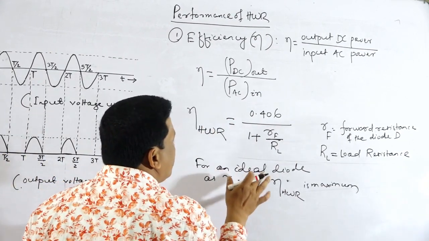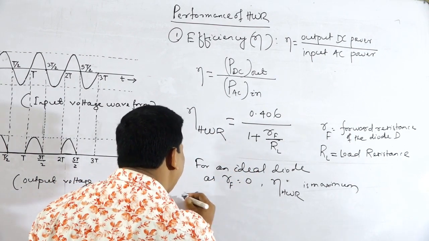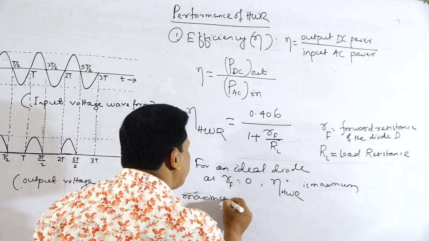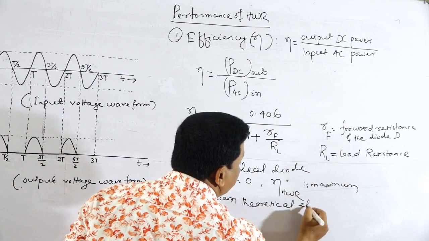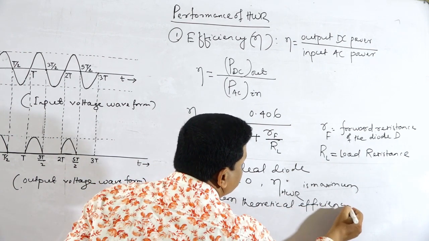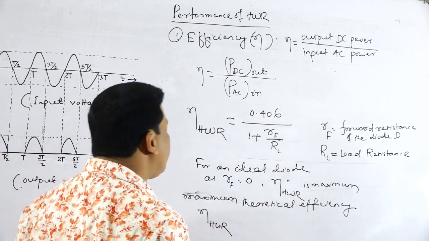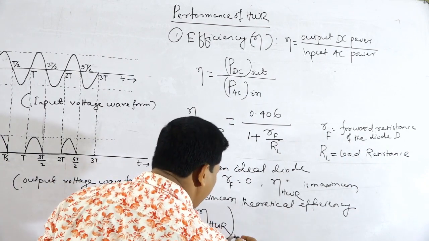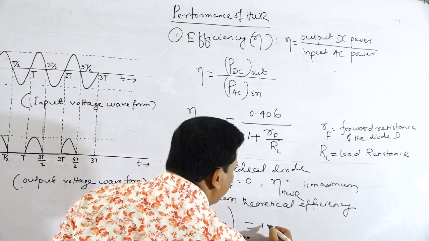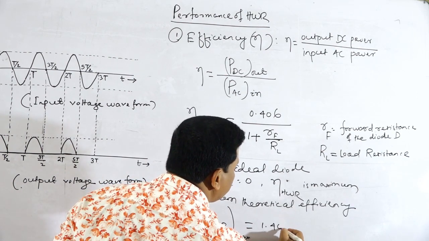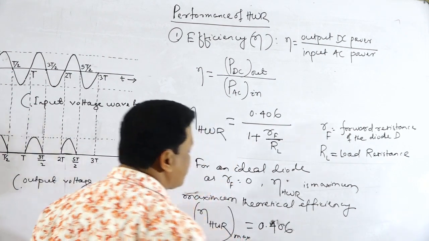Hence, by taking an ideal diode, the maximum theoretical efficiency eta HWR is 0.406 divided by 1 plus RF by RL.